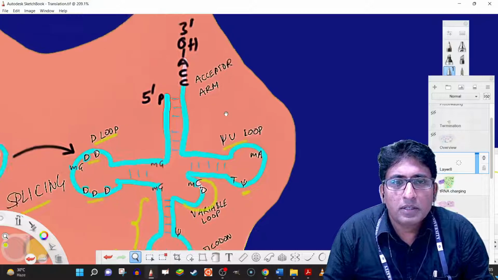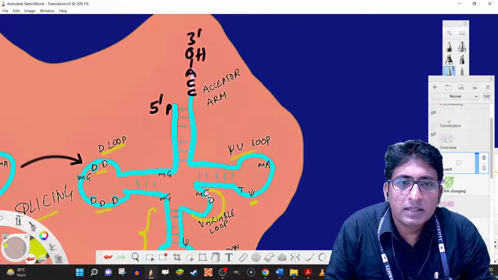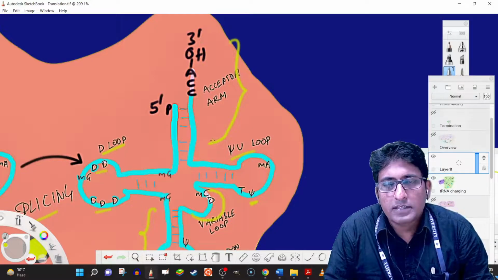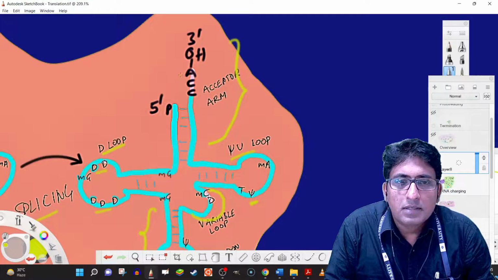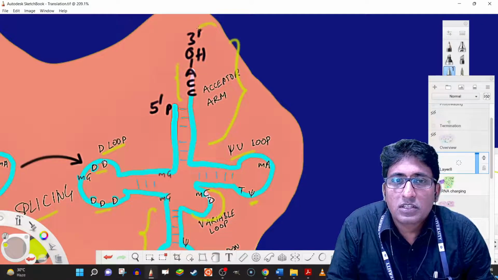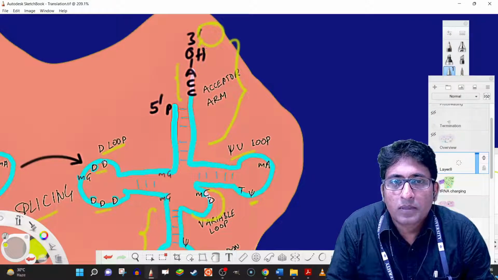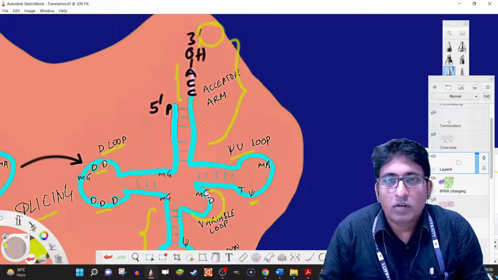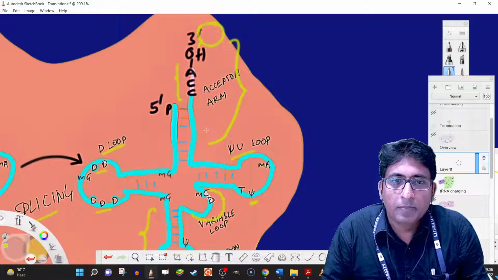And another important one is the acceptor arm. All this arm is called the acceptor arm. The CCA is added by an enzyme, and this is where the amino acid is going to be attached. Because it is going to accept the amino acid, we call it the acceptor arm.